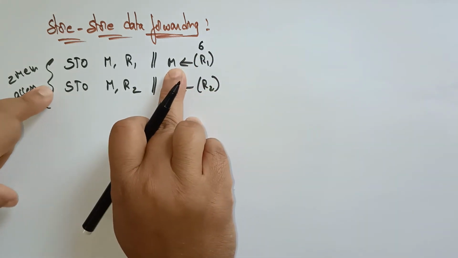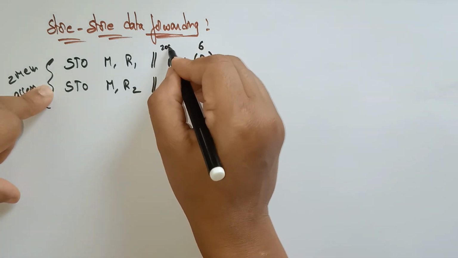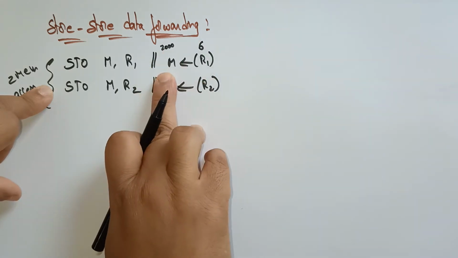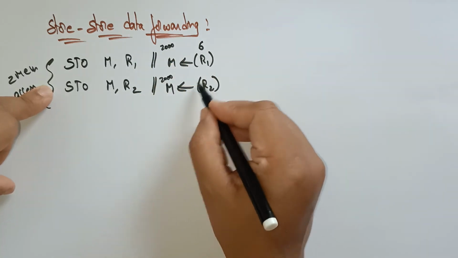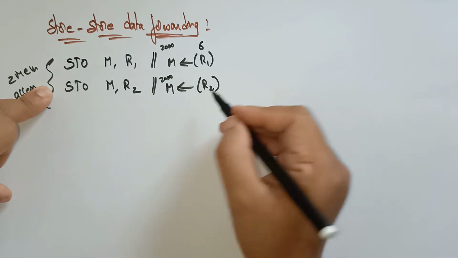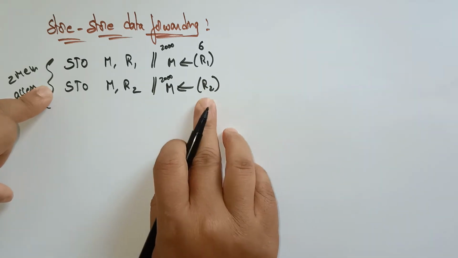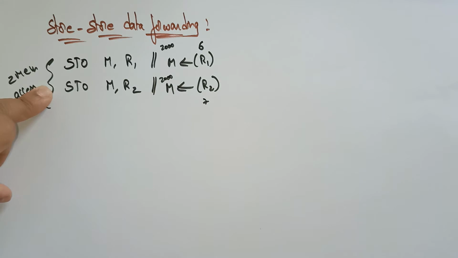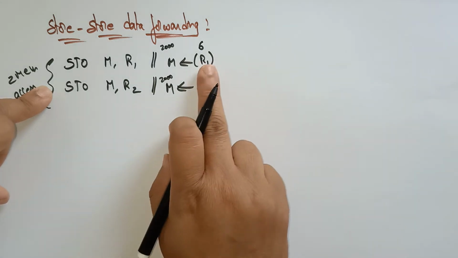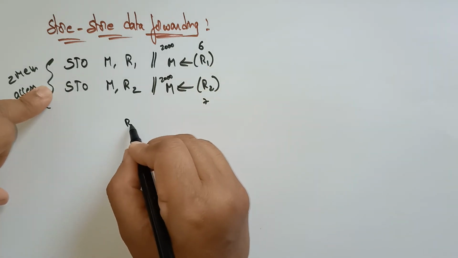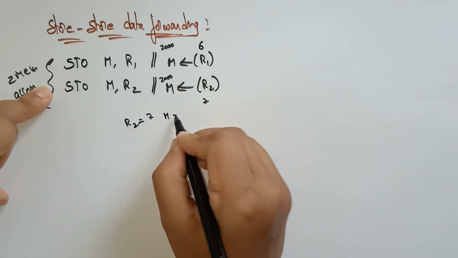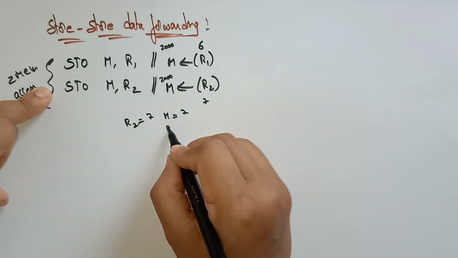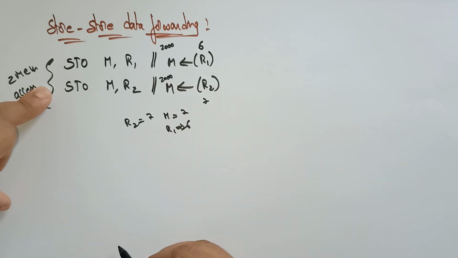This 6 is moved to memory location 2000. In the same 2000 location, another data, suppose R2 contains 7, will be moved to the memory. So finally R2 contains 7, memory contains 7 and R1 contains 6.